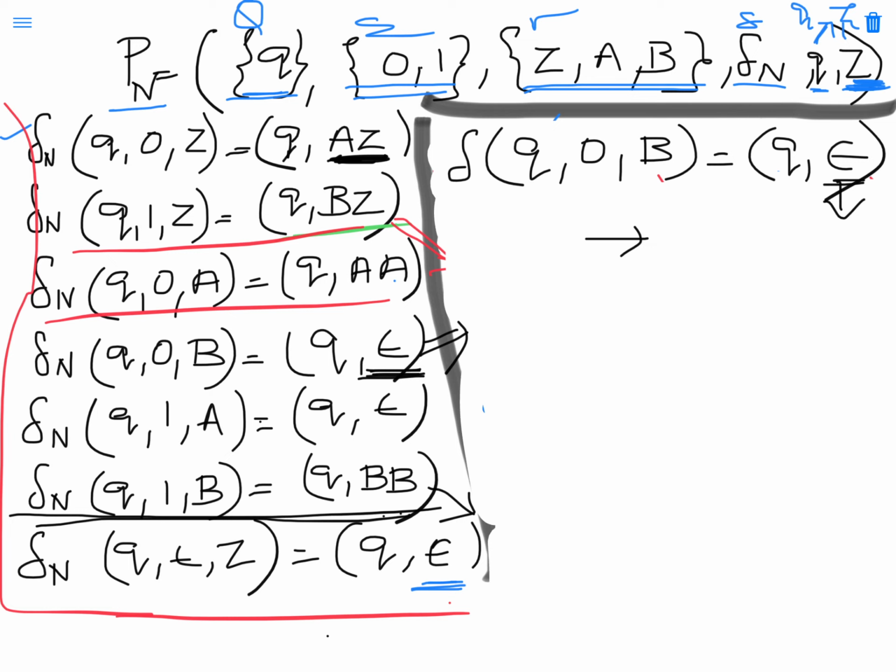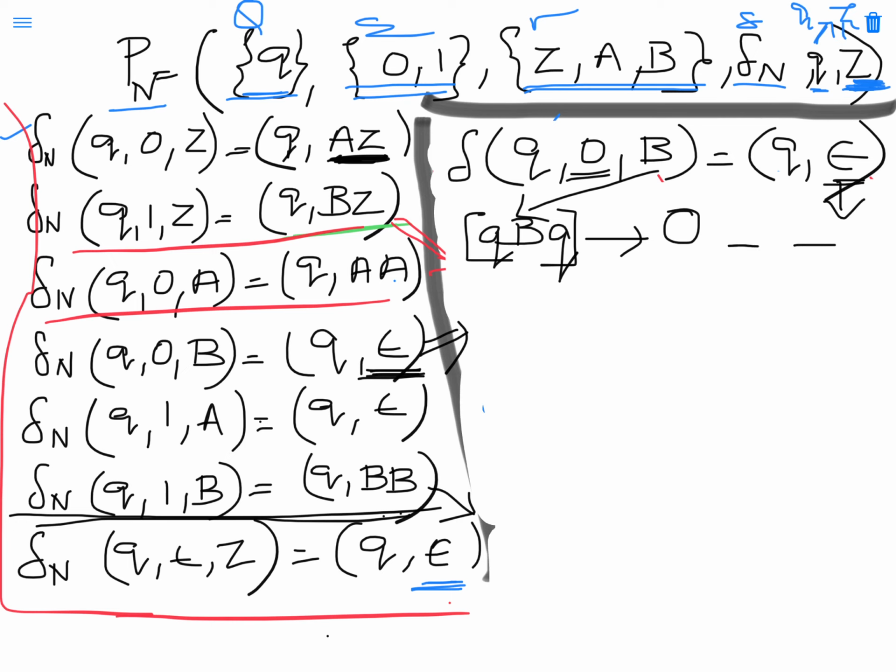So what will be the production generated for this function? This stack symbol comes in the middle of the non-terminal that we are going to design, that is B. Left and right you specify the state name Q, and the right hand side input read is 0, so it starts with 0.